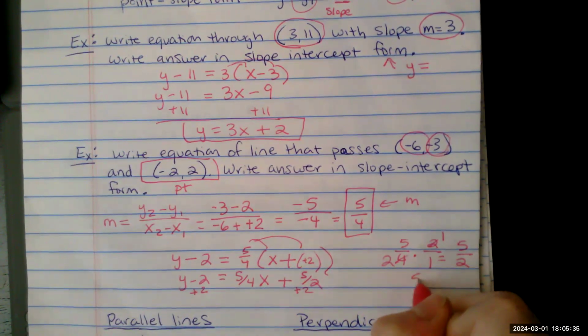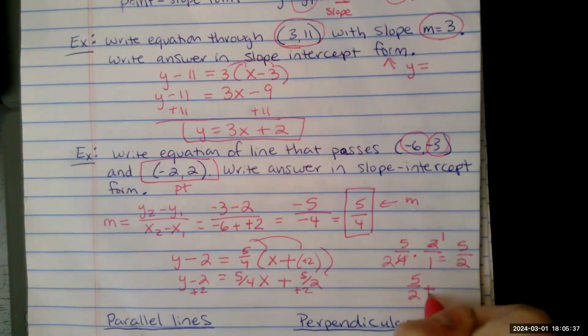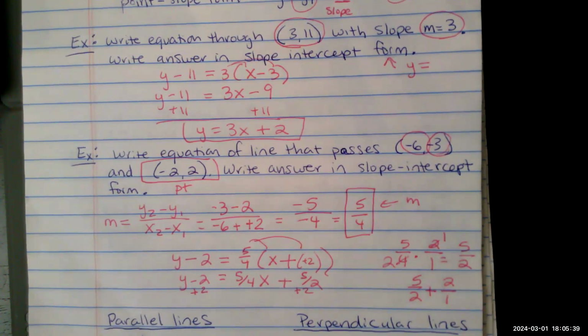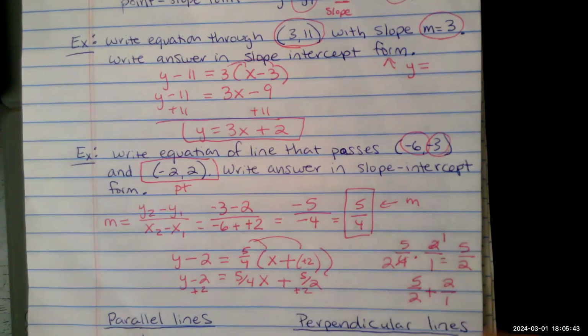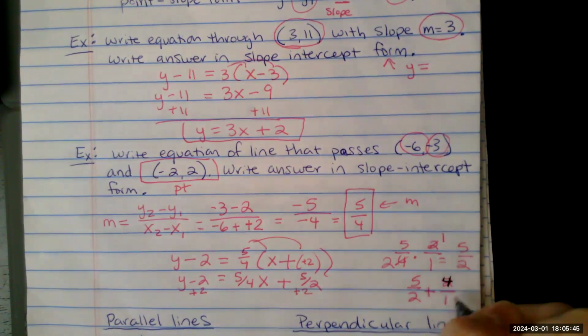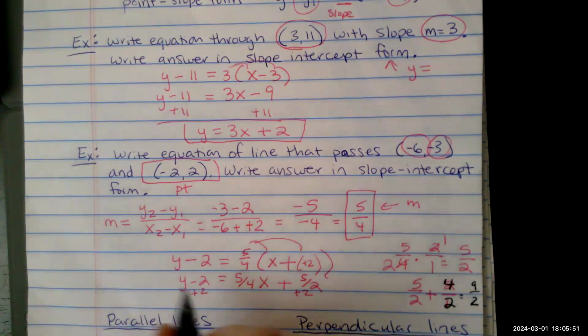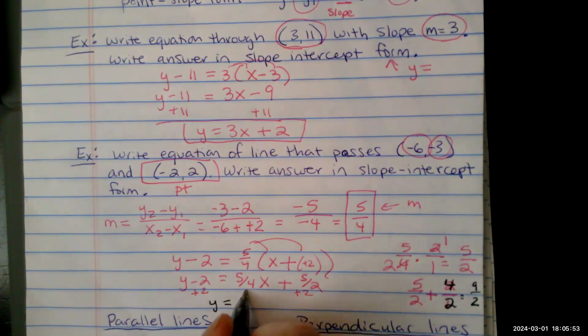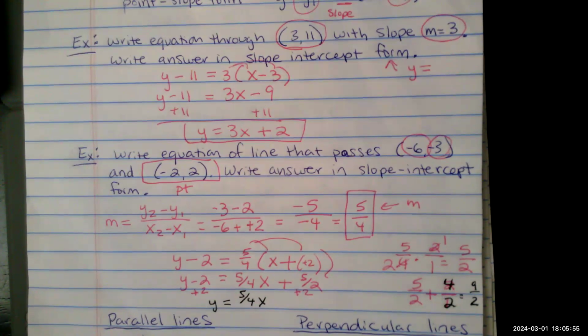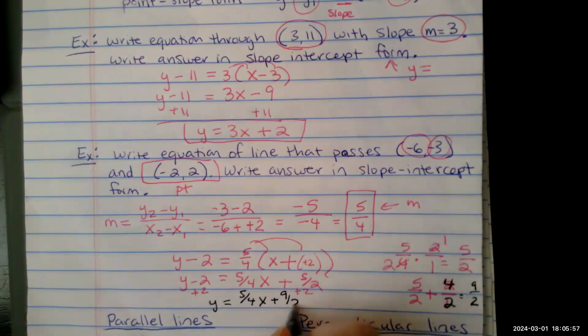But again, I'm going to go do that on the side. 5/2 plus 2 over 1. I'm going to need to change the 2 over 1 to something over 2. So that would become 4 over 2. So now when I add, I get 9 over 2. So final answer, y equals 5 over 4x plus 9 over 2.